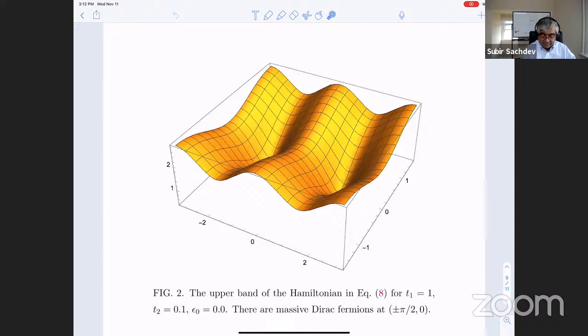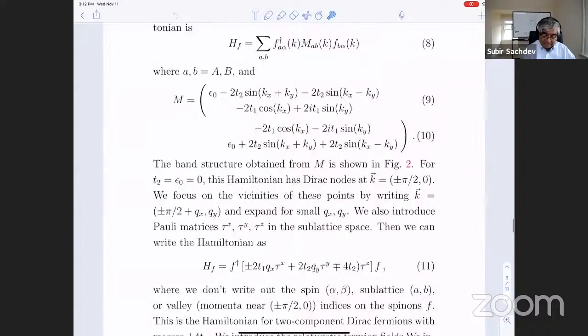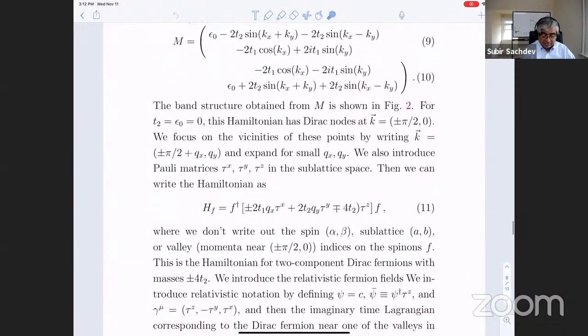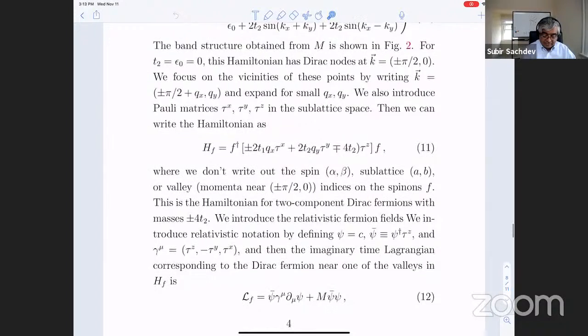And the mass has to do with the fact that this doesn't go exactly to zero. It's a parabolic minimum at the minimum. Furthermore, you can even take this matrix, the Hamiltonian is this 2 by 2 matrix, and take the continuum limit appropriately near those points, just like you do with graphene. And after some changes of notation, which are all described here, that should be an F over there.